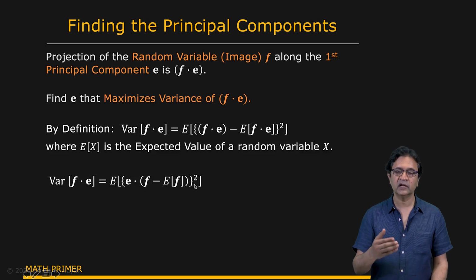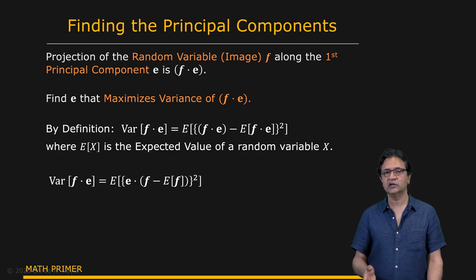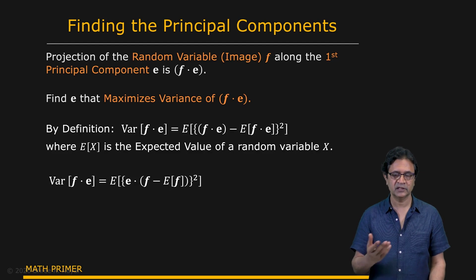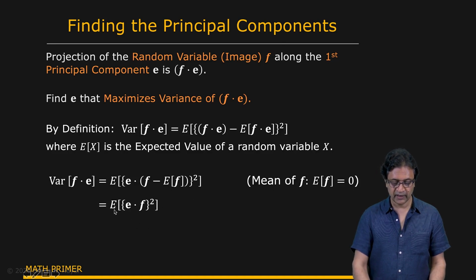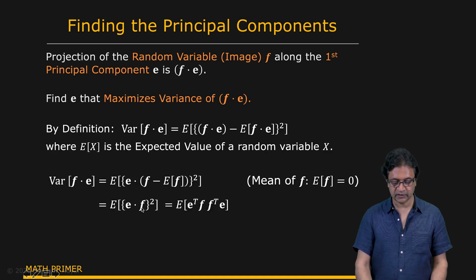Now the expected value of f we know is 0 because we have a set of images that are mean subtracted. So the expected value of f is 0. This then simplifies to the expected value of (e dot f) squared. These are vectors, as we know, and we can write this as the expected value of e transpose f f transpose e.